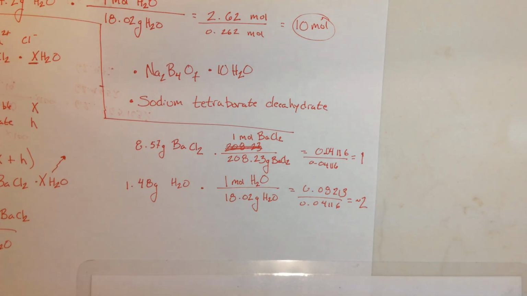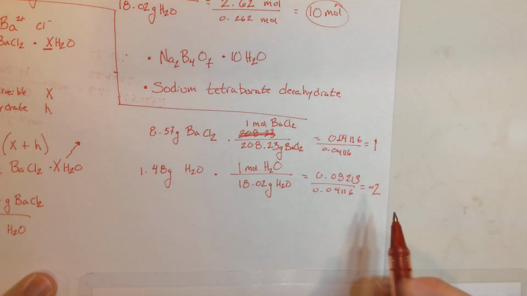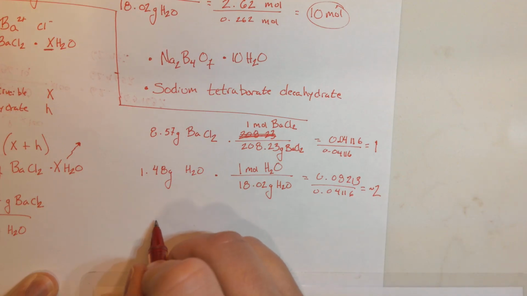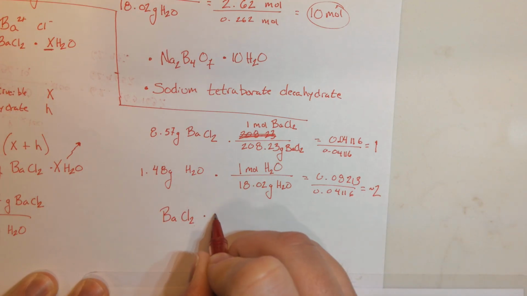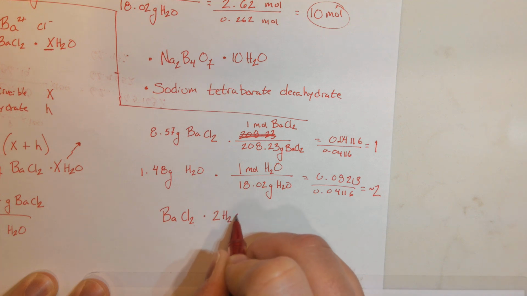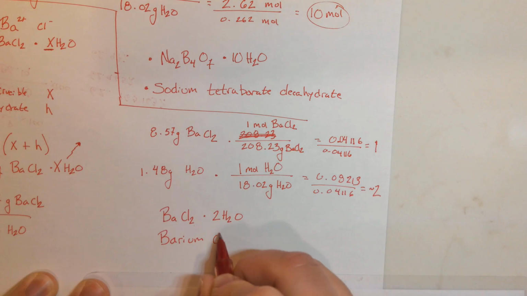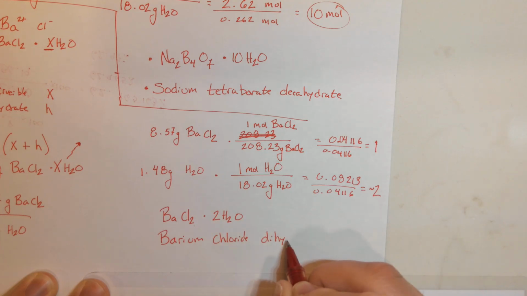In this case, that's 1 to 2. This is very, very close to 2. And so what we'll do then is we'll say, okay, I have BaCl2 dot 2H2O, which is barium chloride dihydrate.